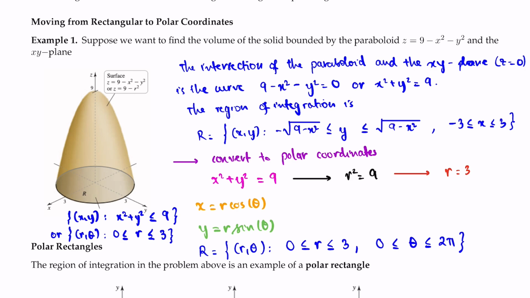Now, the example you just saw, the region of integration in the problem, is an example of a polar rectangle.